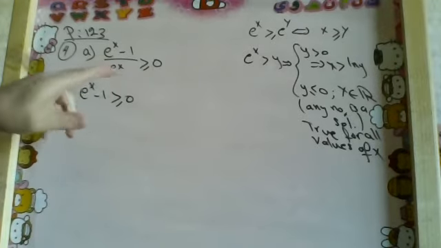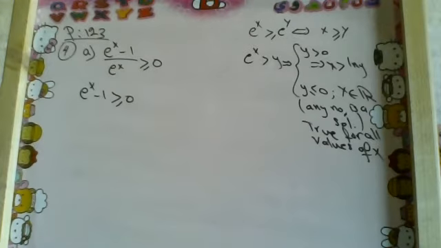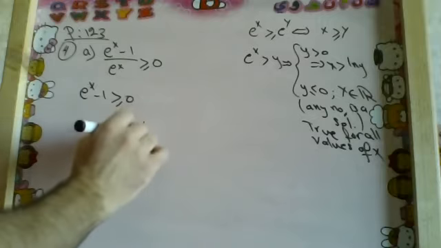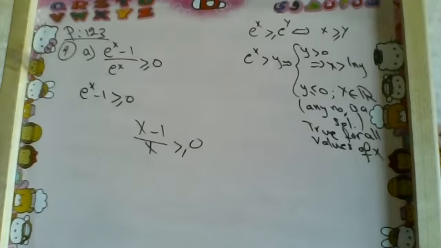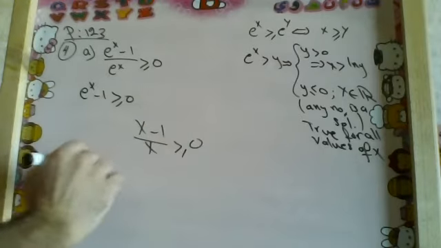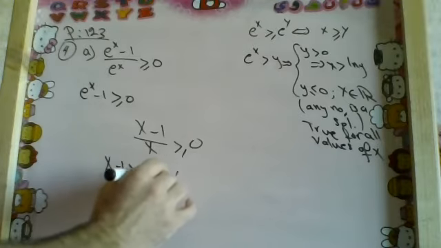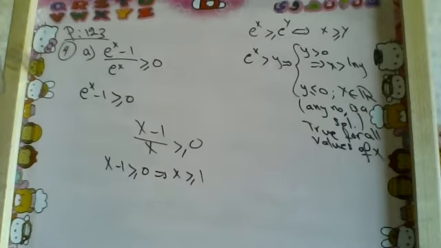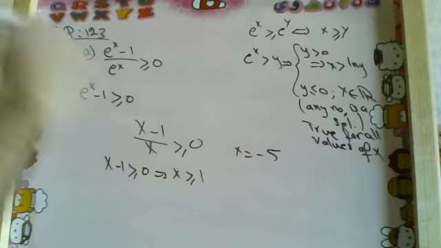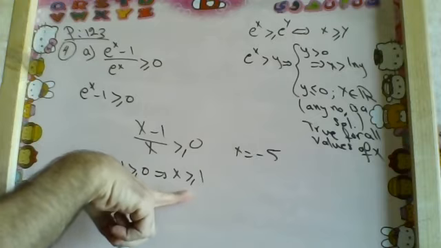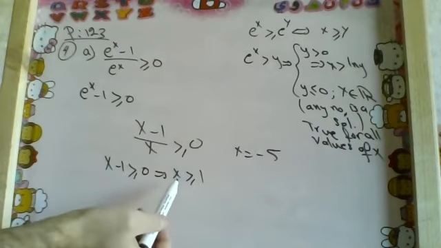If it were an equation equal to 0, I'd say you're right. But in the case of an inequality, it doesn't work. I'll give you a simple example: take x minus 1 over x greater than or equal to 0. If you take x equal to negative 5, is negative 5 greater than or equal to 1?